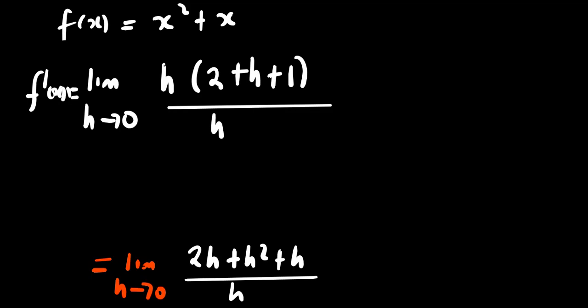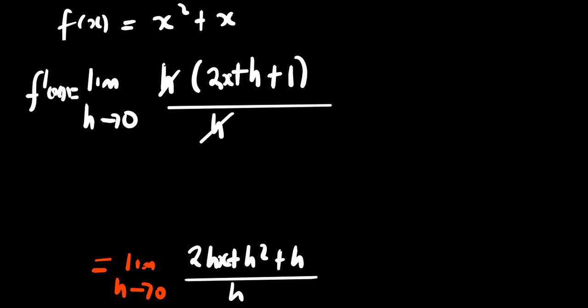Now what do we have? The h and the h can divide. So what are we now going to have? This is 2hx. This one was 2hx.